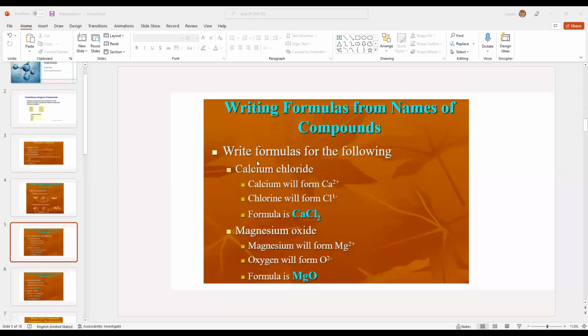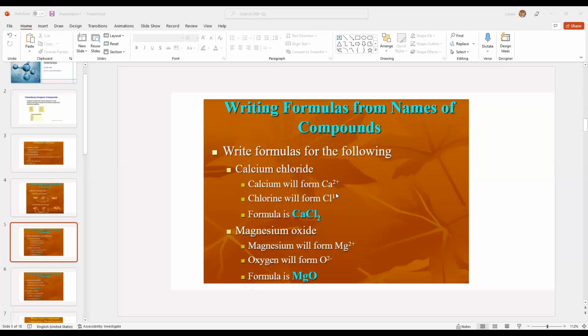Now we are going to write formulas for the following compounds. Calcium chloride. Calcium forms calcium 2+ because it's in group 2A, and chlorine forms the anion chloride. So you need 2 chlorides to cancel the charges of the cation calcium.